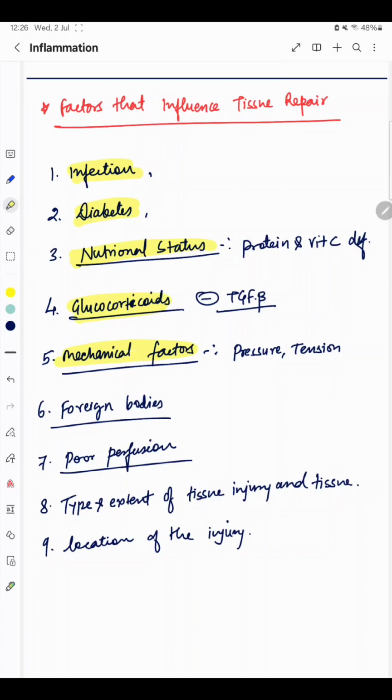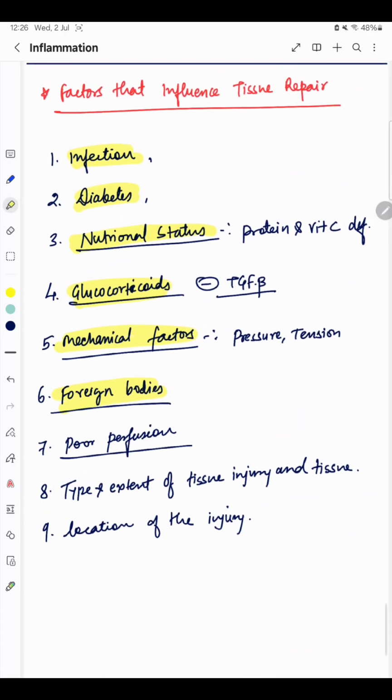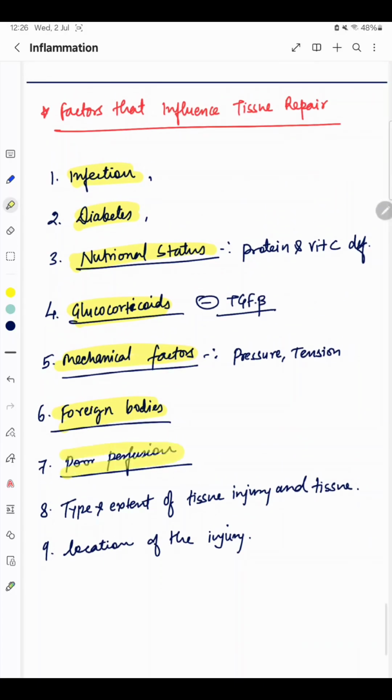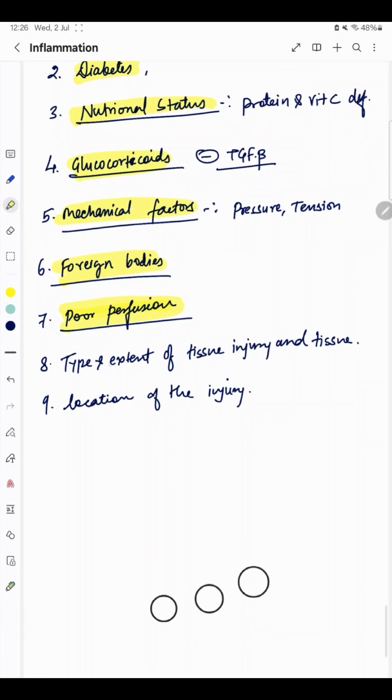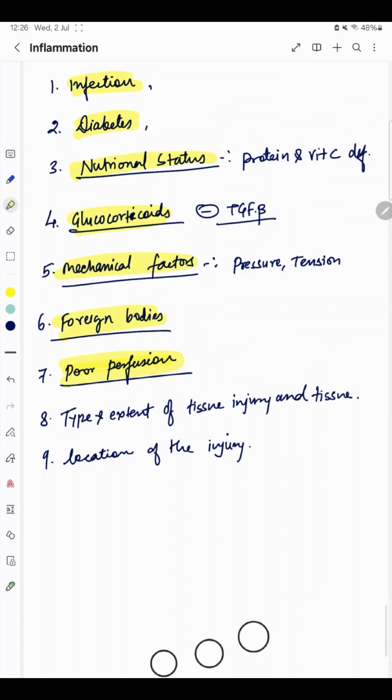Mechanical factors: if the site of injury is under pressure or tension, this will also result in delayed tissue repair. A foreign body present at the site of injury or repair will further hamper the process of tissue repair. Poor perfusion of that site is also a factor that can delay tissue repair. Type and extent of tissue injury and tissue: as we have discussed, there are three types of tissue: labile, stable and permanent.